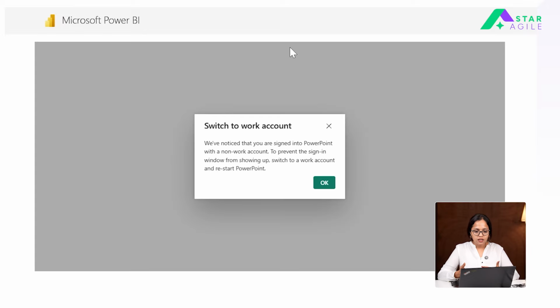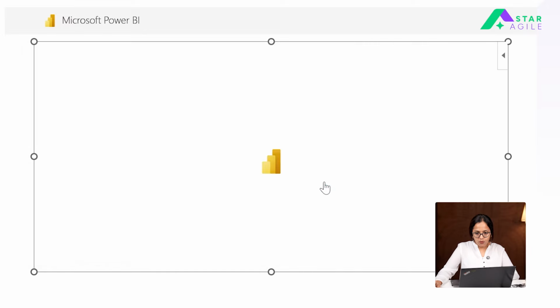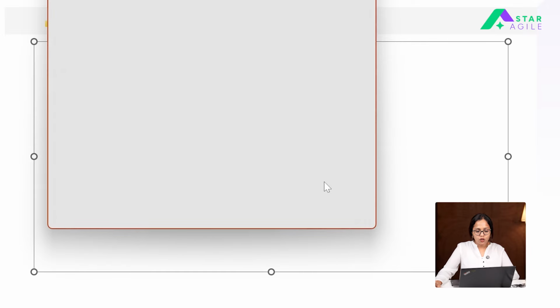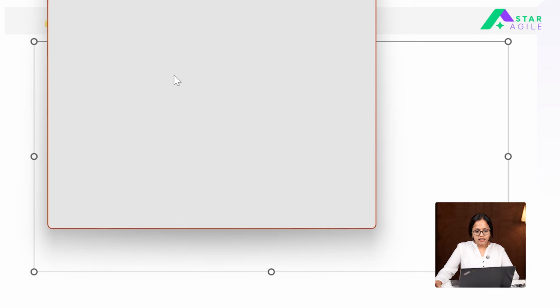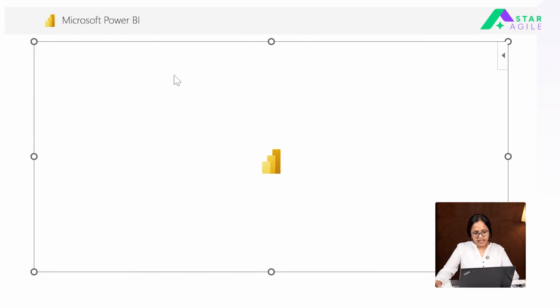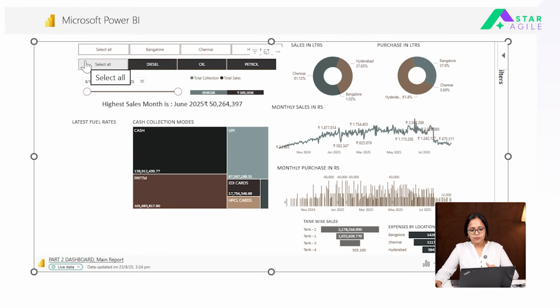It takes some time to load the report. So you have to make sure that you are logged into the correct user ID, which is the same as the one that you used to log into Power BI service. Once that is done, your report is good to get published.